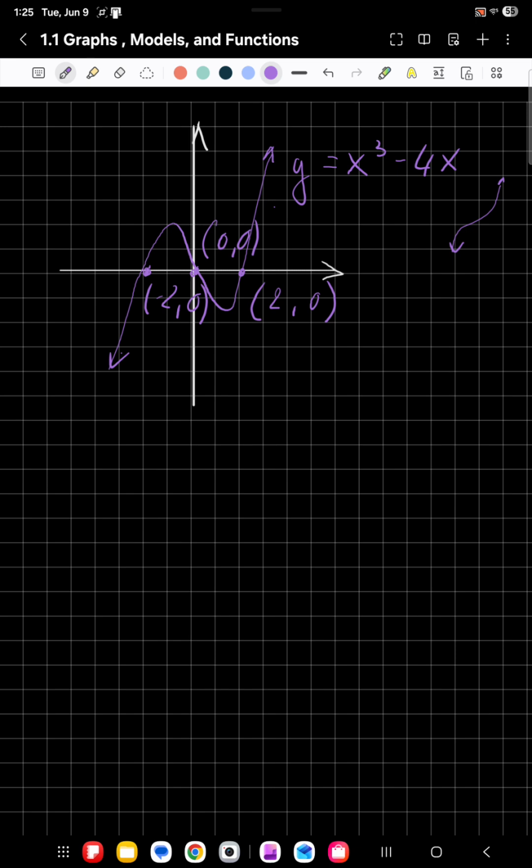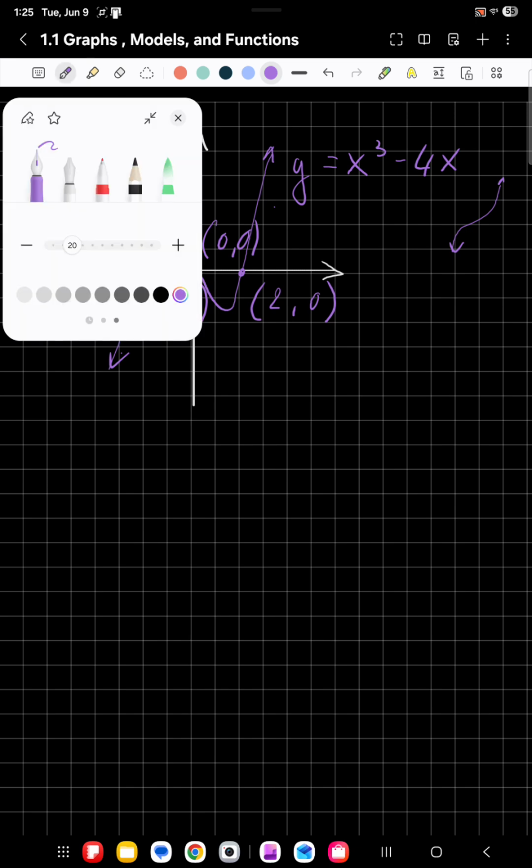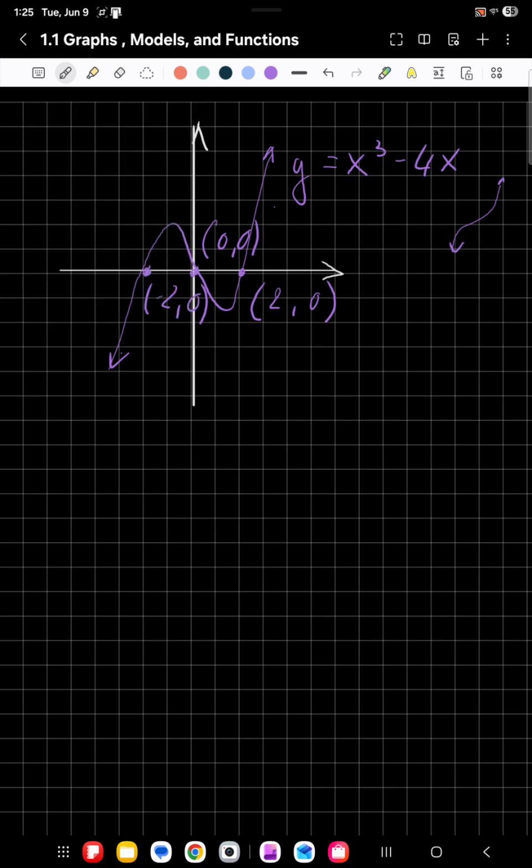Okay, so the next thing I'd like to review is symmetry. In general, we have 3 types of symmetry. Something can be symmetrical with respect to the y-axis, x-axis, and then the origin.